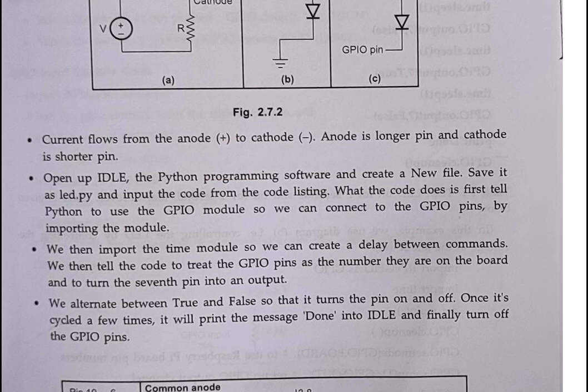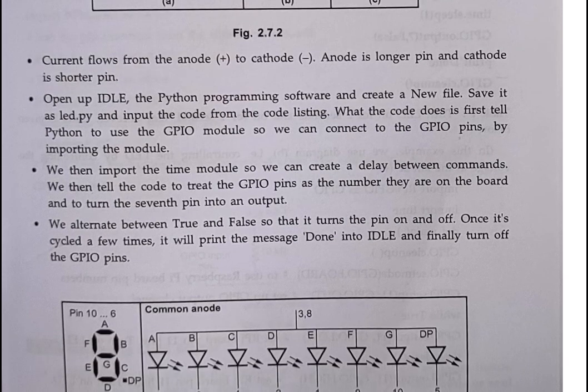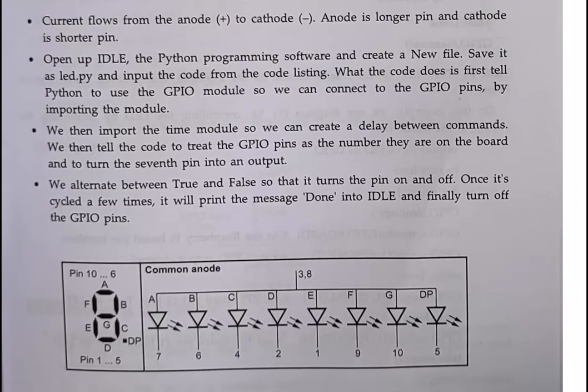Open up IDLE, the Python programming software, create a new file, save it as led.py, and input the code from the code listing. What the code does is first tell Python to use the GPIO module, so we can connect to the GPIO pins by importing the module. We then import the time module so we can create a delay between the commands.